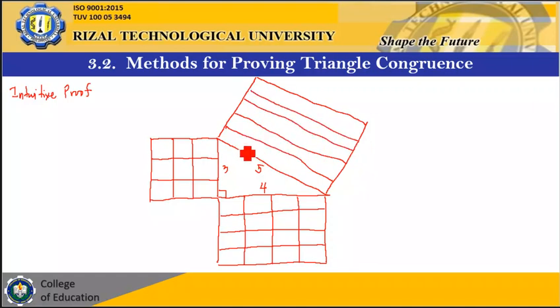Okay, 1 2 3 4 5, then we have here 1 2 3 4 5.